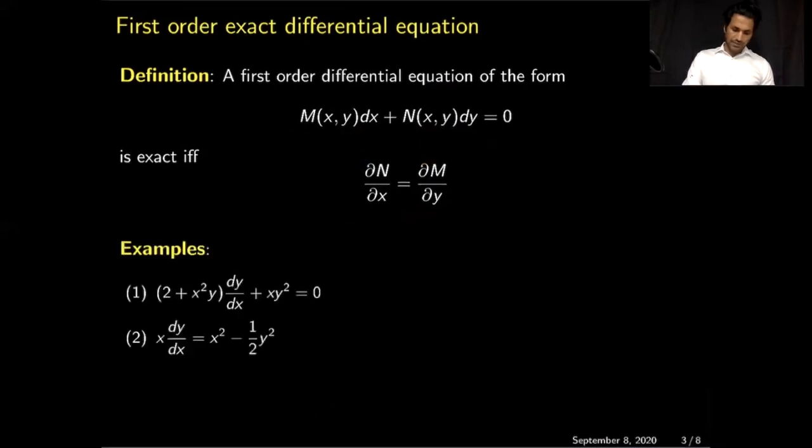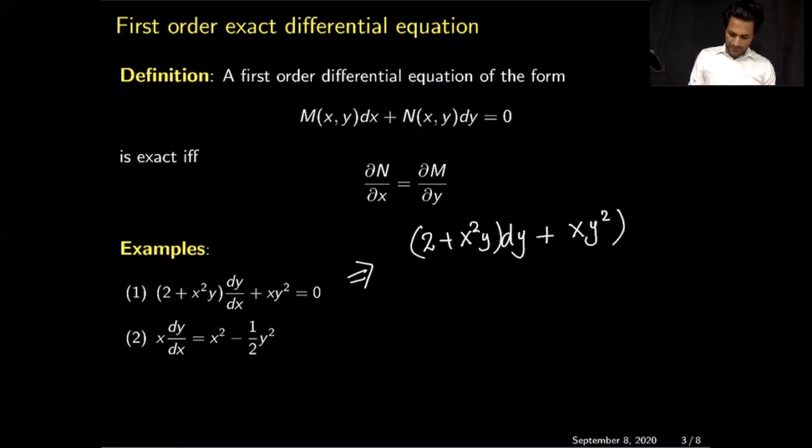Let me give you examples of a few differential equations which are exact. First I will write the differential equation in the form M dx plus N dy. All I have to do is multiply dx on both sides. So this will give me (2 plus x square y) dy plus x y square dx.